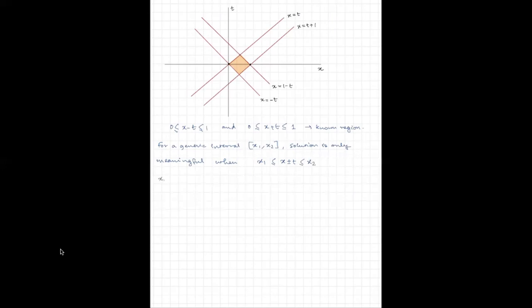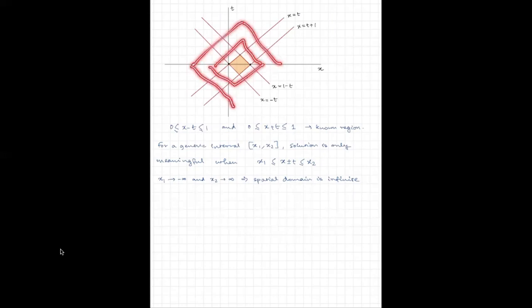But when you take x1 to go to minus infinity and x2 to go to plus infinity, in that case the spatial domain is infinite, and as you take this guy out to this side and this guy out to this side, the cross sections will increase, so they'll become bigger and bigger, until you go out to infinity, and in that case the whole of the xt plane is determined.